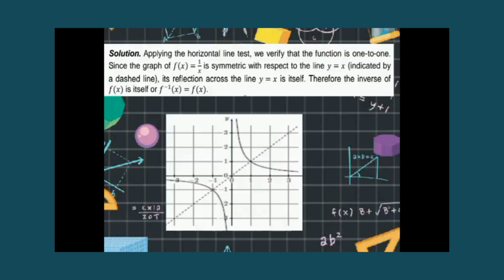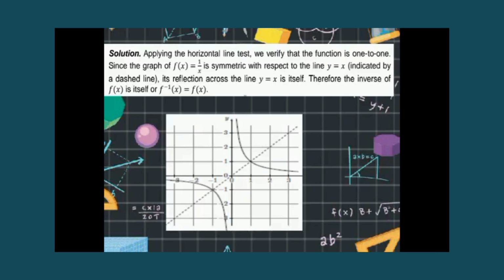Since the graph of f of x equals 1 over x is symmetric with respect to the line y equals x, indicated by a dashed line, its reflection across the line y equals x is itself.